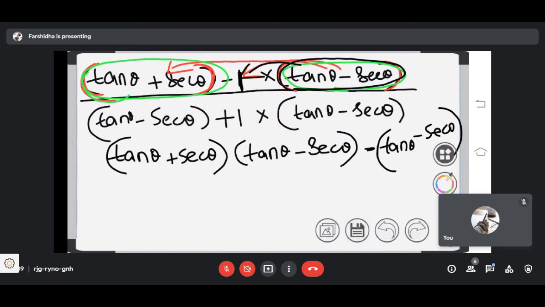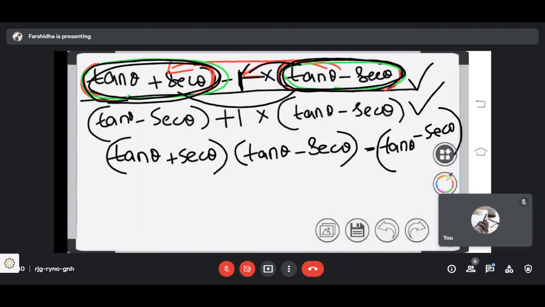I'll explain once more. You have multiplied the numerator and denominator with the same term, tan theta minus sec theta. As you can see here, tan theta minus sec theta, tan theta minus sec theta. Now we'll multiply with each term. See, this whole tan theta minus sec theta, you'll first multiply with the first term, this whole thing, tan theta plus sec theta.